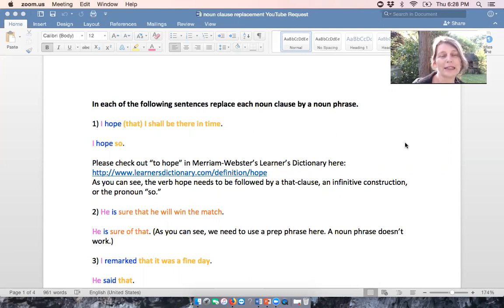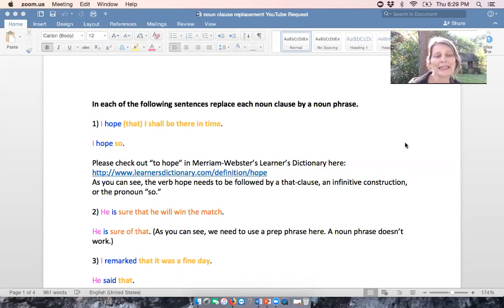So the first sentence was, I hope I shall be there in time. And I put that in parentheses because it wasn't in the original sentence. And I just wanted to remind people that this is a that clause as object, and that can be dropped sometimes. Okay, so we have a subject and a verb and an object. If you don't know my color parsing system, go back to the video on class elements.